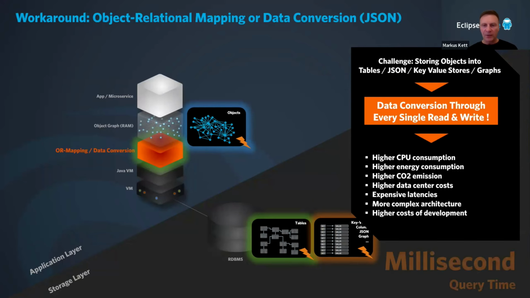And the same when we receive a result set from a database, we cannot receive Java objects. So Java objects have to be generated behind the scenes through every single read and write. And this leads to higher complexity, and it leads to latencies, to very expensive latencies.